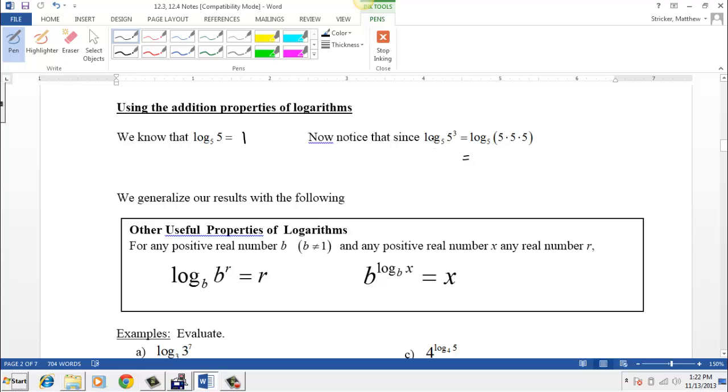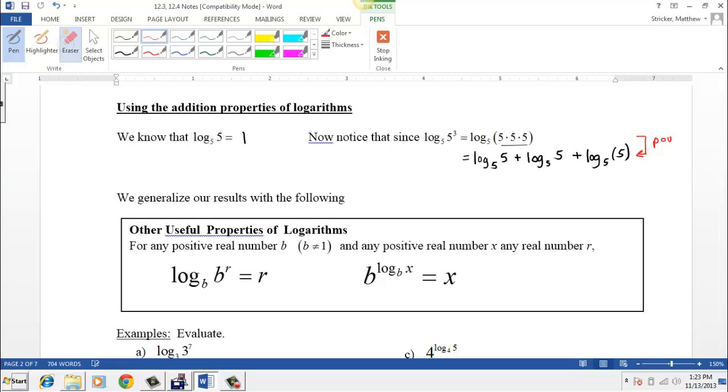We know that log base 5 of 5 to the third, the 5 to the third can be rewritten as 5 times 5 times 5, which using the product rule, I can rewrite this as log base 5 of 5 plus log base 5 of 5 plus log base 5 of 5. That's by the power rule.